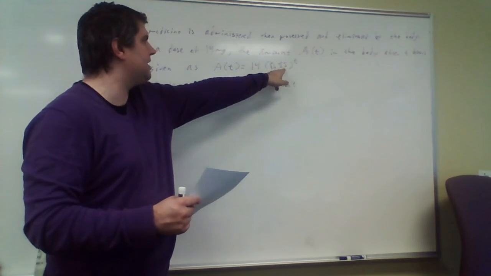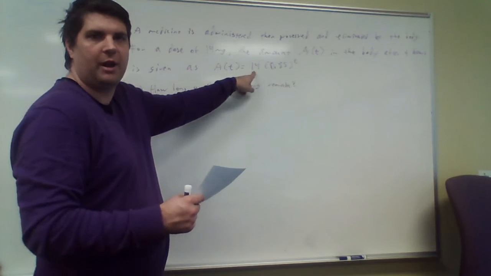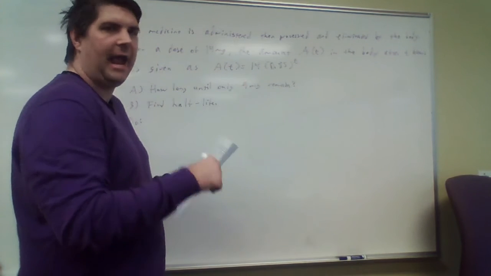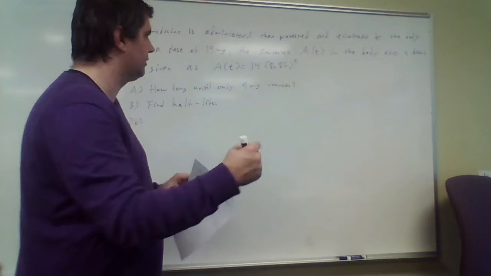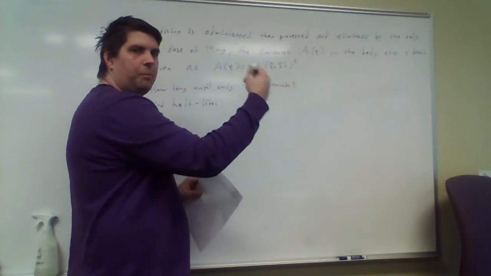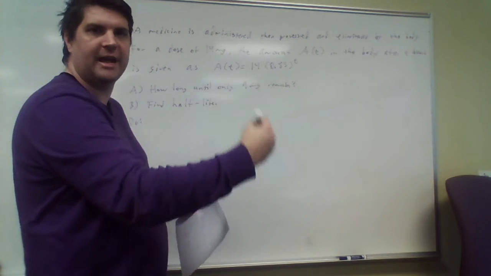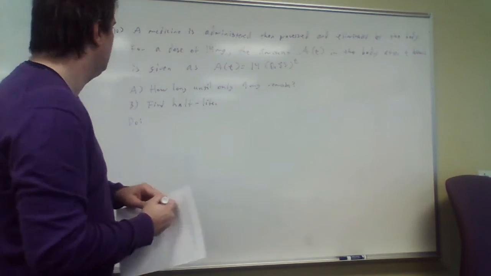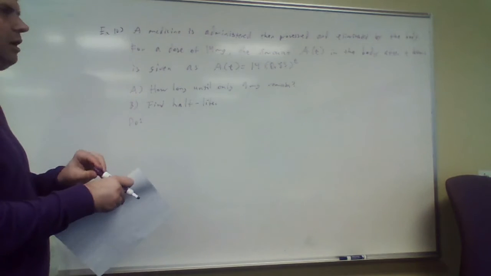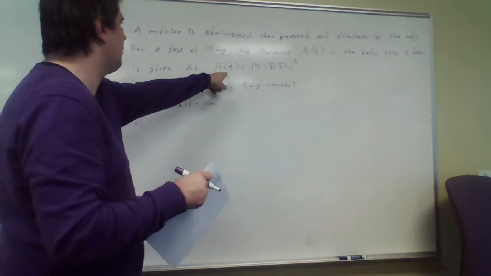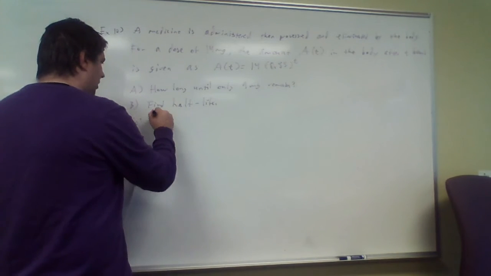So 85% of 14 will survive after 1 hour. Over the second hour, another 85% will be remaining after 2 hours as there was after 1 hour, and so on. So we're interested in how long it's going to take for the remaining amount to be 9 milligrams.